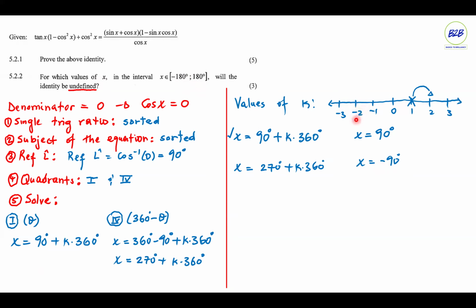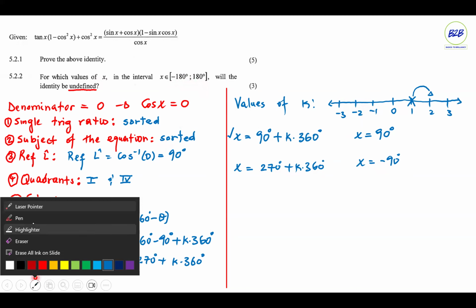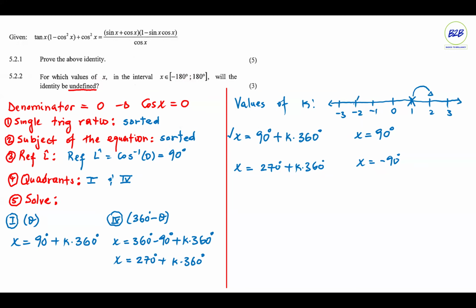Take that -2, substitute in the place of k, press your calculator, and check whether the value is within this interval. You will find out that no, the value you get when you use k equal to -2 is not in the interval.